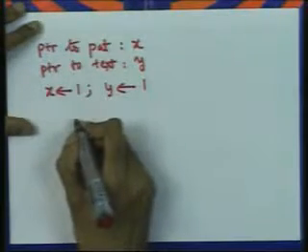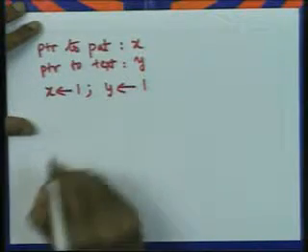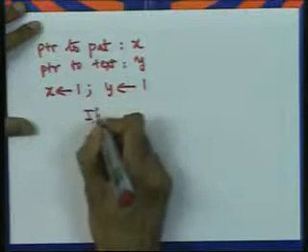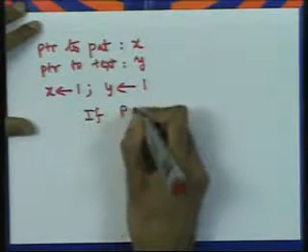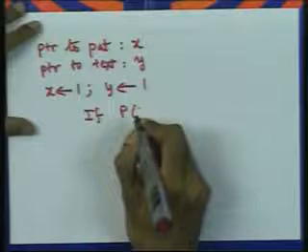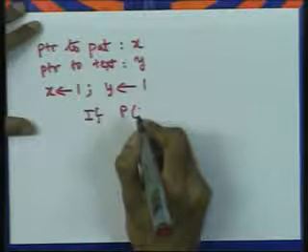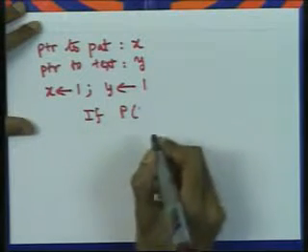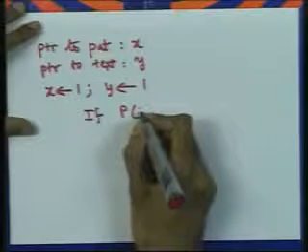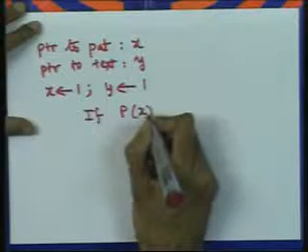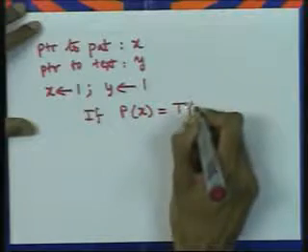Now, what does the generic step look like? If P of X is the same as the text at Y.